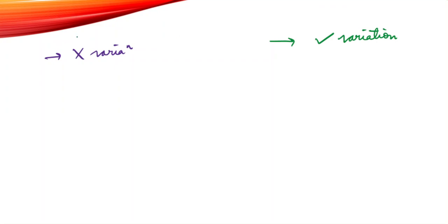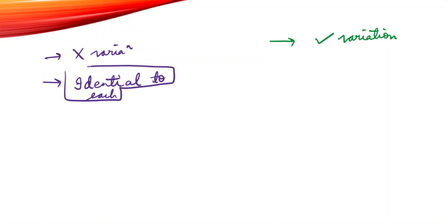Okay, this was the next point. And here we can say that the parent and the offspring are identical to each other.